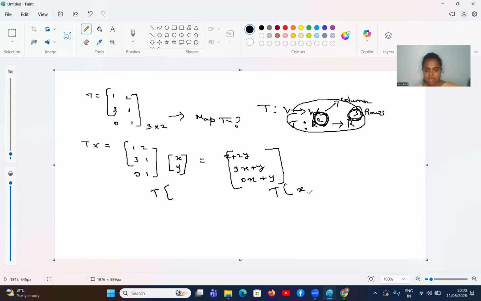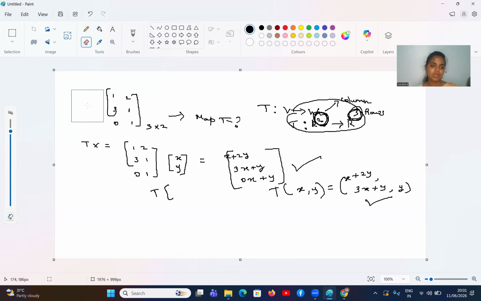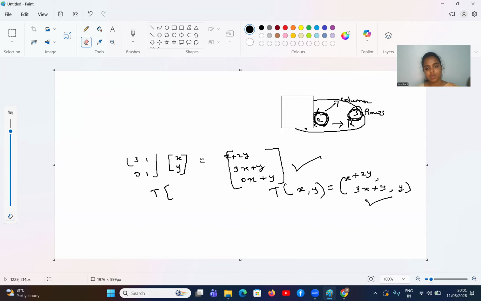That means x comma y, T of x comma y, is equal to what we have derived here: x plus 2y, comma 3x plus y, comma y. So, this is your map. Okay, you can easily calculate this one. I will give some practice problems for you. You can practice on your own.